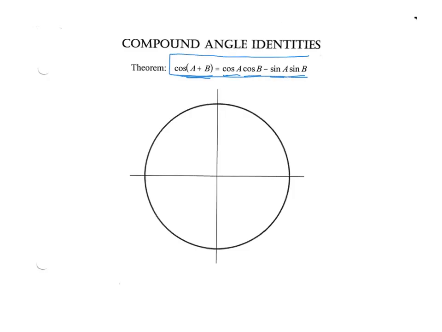What we have here is true. So normally, if we were in class with each other, we would go through and discover this proof. We would go through, how do we get cos of A plus B, and why is that true? That's normally a 30 to 40 minute proof in and of itself. We are not going to go through that this year. So you'll just have to trust me that this is true, and we're going to get good at using it. So this is a compound angle that you need to know.